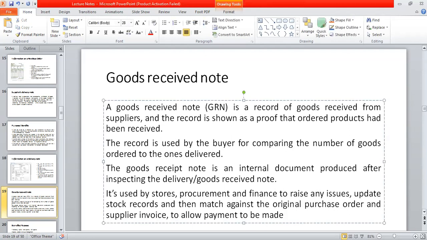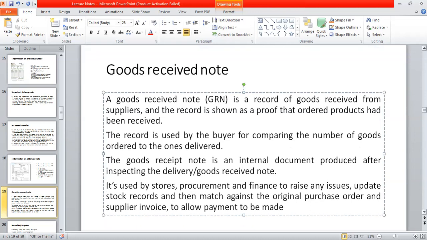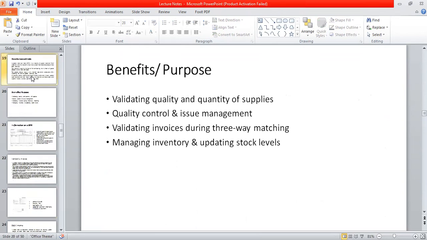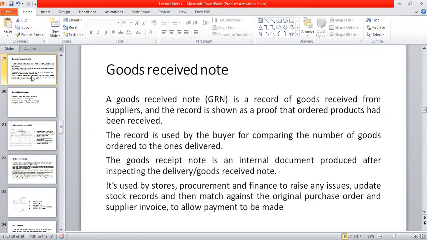So after the order is processed and the supplier actually delivers the goods to the purchasing unit, they will manually check all the goods in terms of the number of goods ordered, the quality of goods, and if the goods are the actual goods ordered.